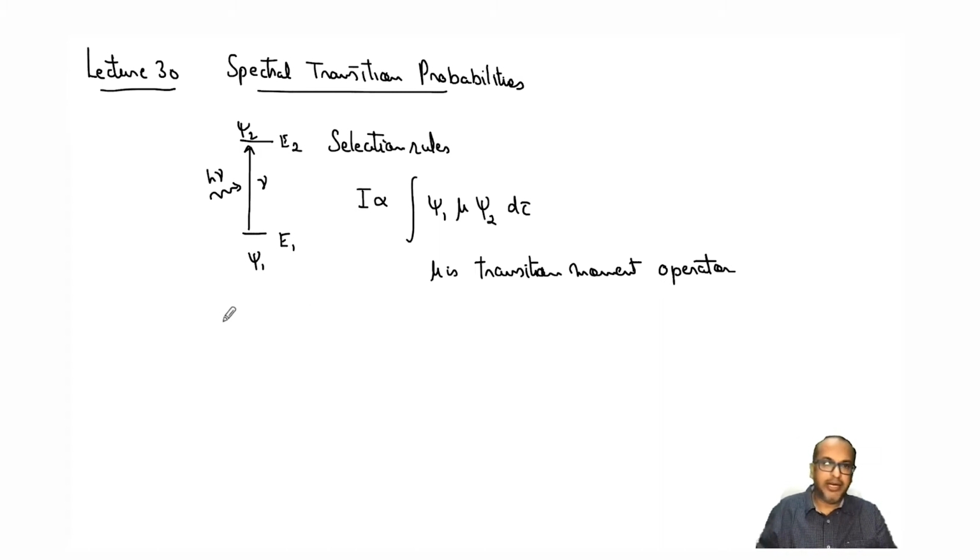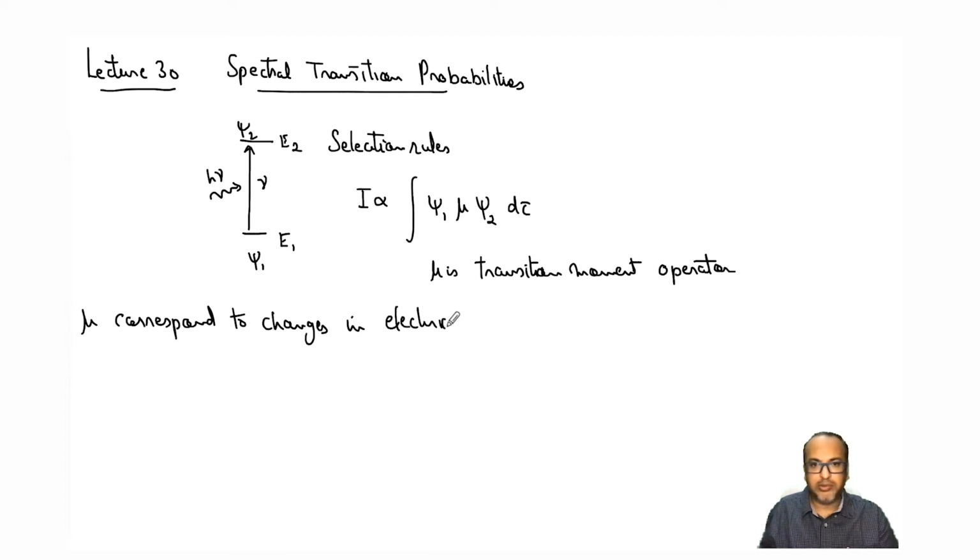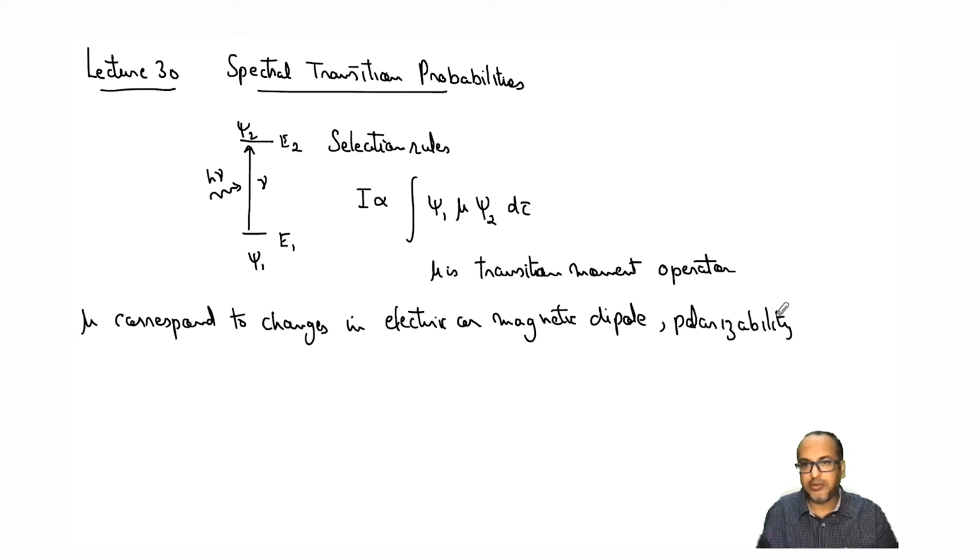Which can take different forms, as in mu can correspond to changes in electric or magnetic dipole, polarizability tensor, etc., depending on what type of spectroscopy we are using.